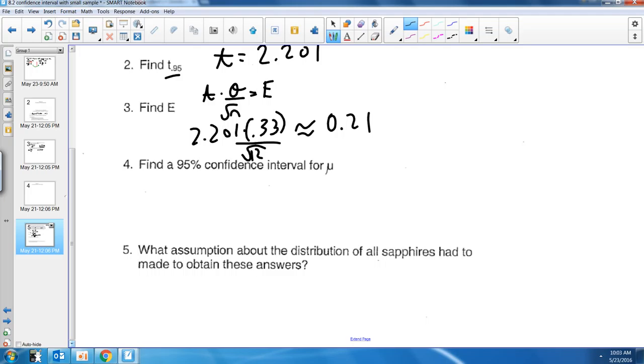Find the confidence interval. Just like before, we had my mu approximation is going to be my x bar minus my error and my x bar plus my error. So that means my x bar in the problem is 6.75.